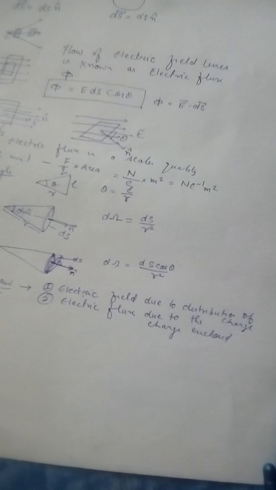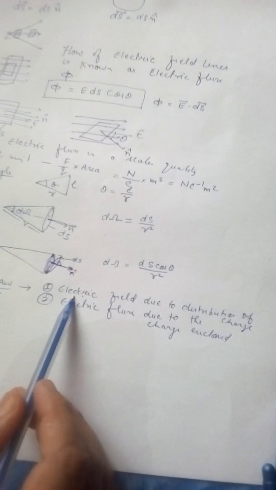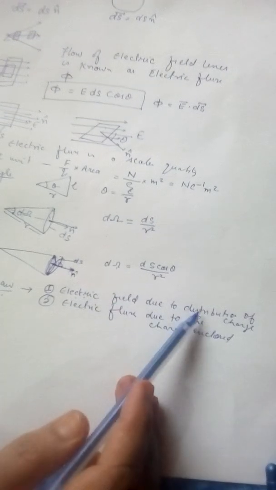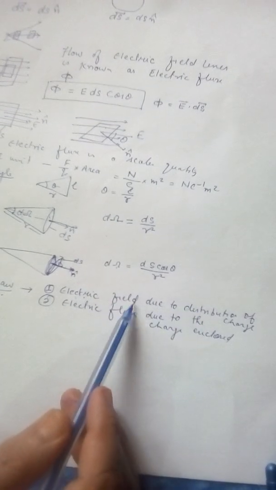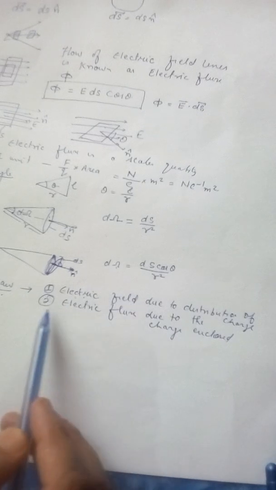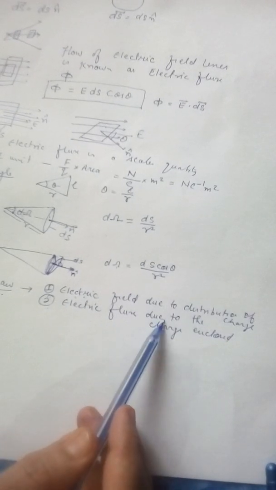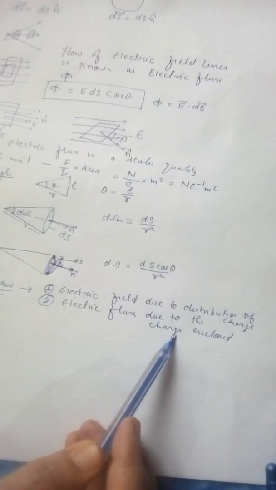Sometimes in CBSE it is asked why Gauss law is used. So in this there are two different things. This electric field is due to all the charge, whether it is enclosed by the Gaussian surface or not, but this Gauss law is used to find the electric flux due to only the charge which is enclosed inside the Gaussian surface.